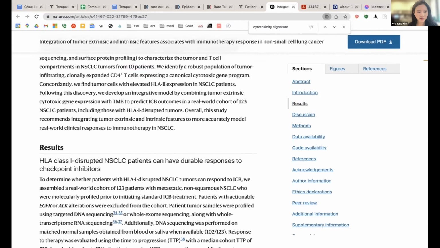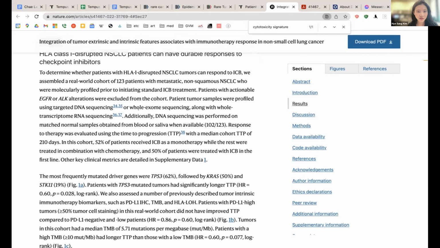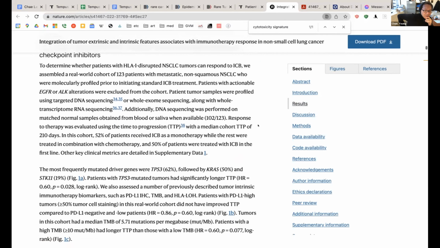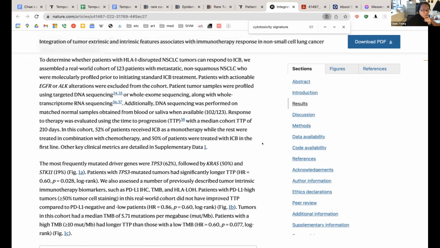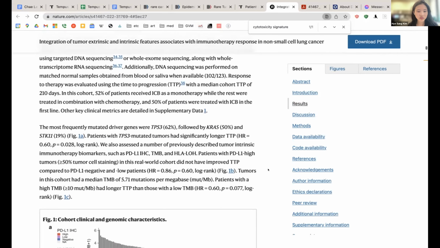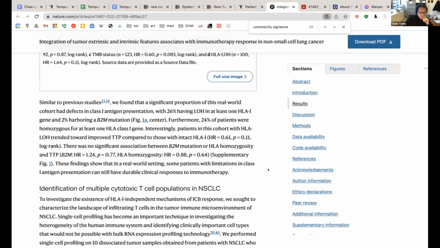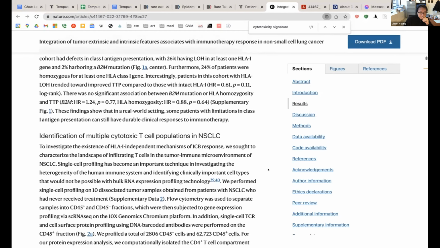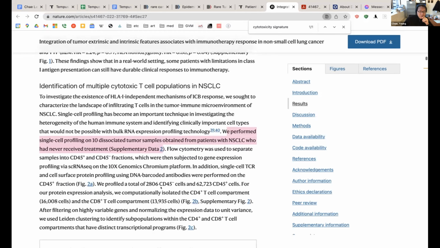Real world, 123 non-squamous were molecularly profiled. So they did not only non-squamous 123, right? That's very interesting. That single cell was done on 10. It's so expensive.